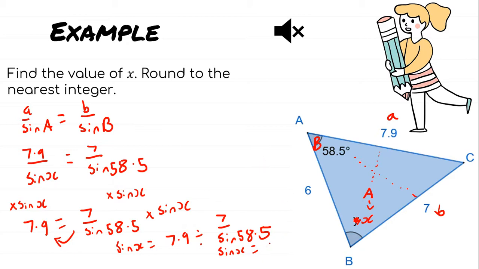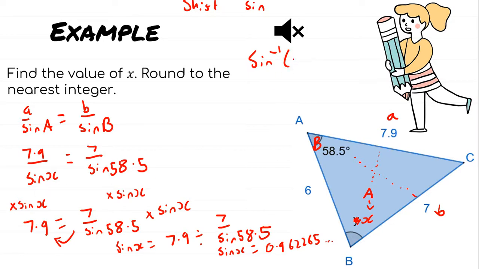Okay, and if you do that, you're going to get 0.962265. It's going to go on for a bit. And then if you use your shift and then sine button on your calculator, that's going to give you the inverse of sine.